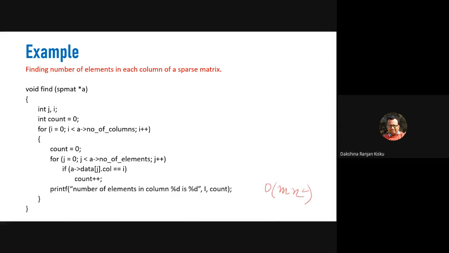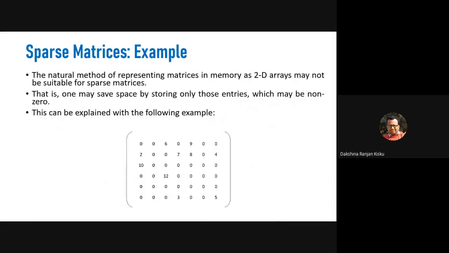The first for loop is used to keep track of the number of columns. If we consider this matrix, how many columns do we have? Here we have 7 columns, and here we have 6 rows. So we have 6 rows and 7 columns.